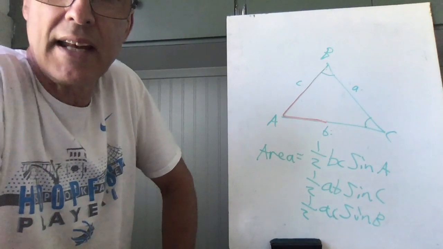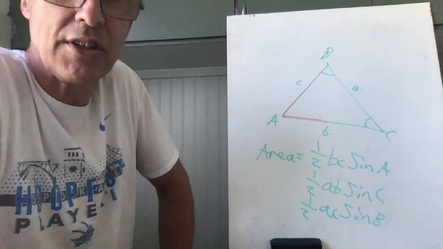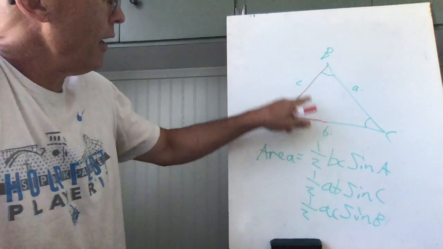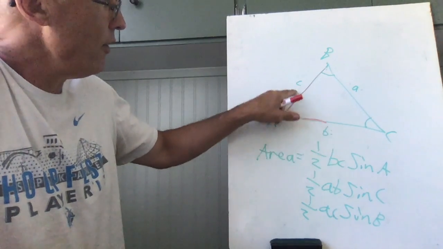So that's your first handy little formula. You can use this to find the area of any triangle. All you need to know is an angle and the lengths of two sides on either side of that angle.